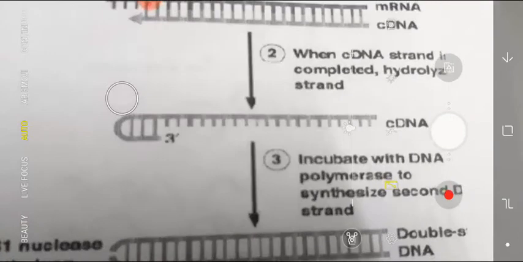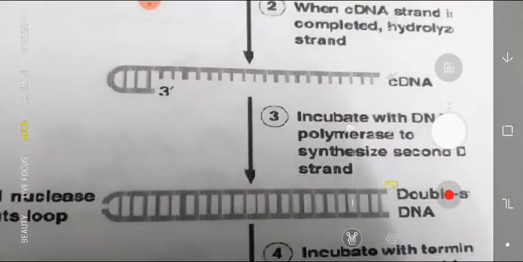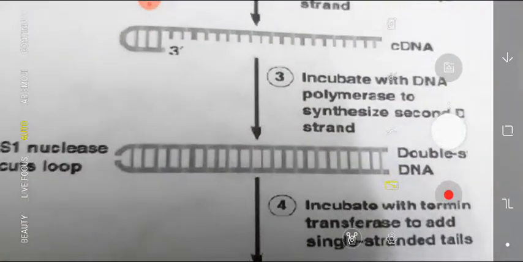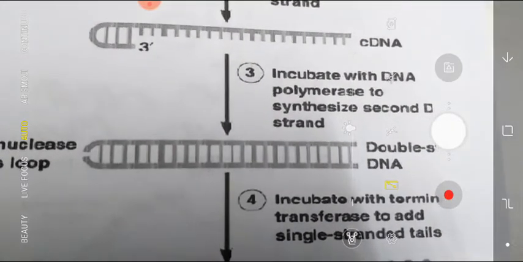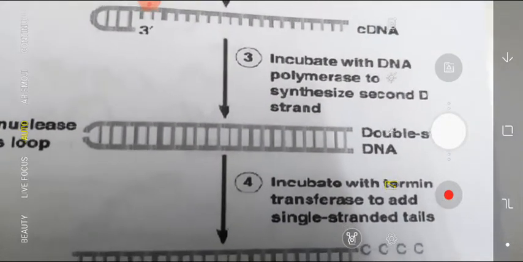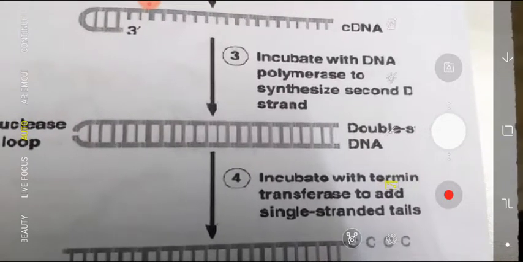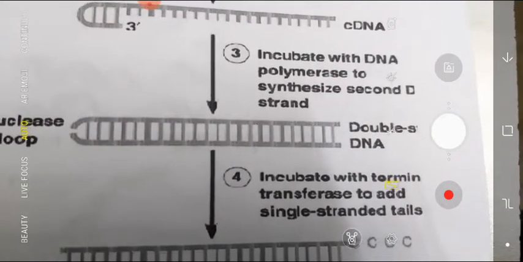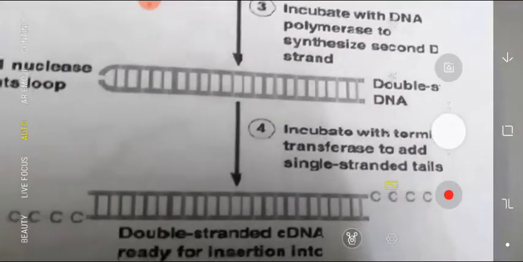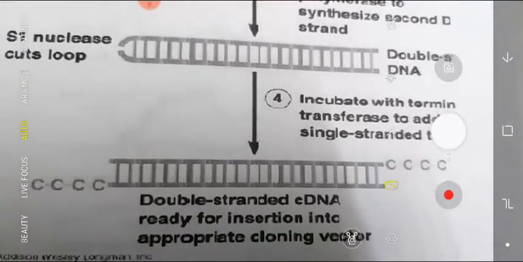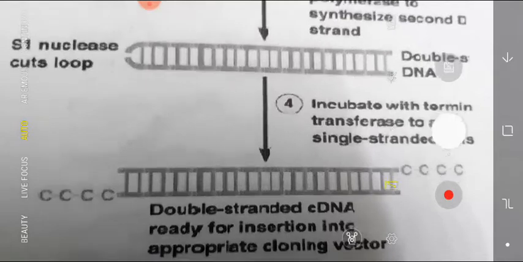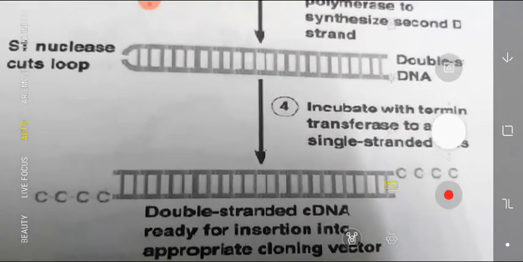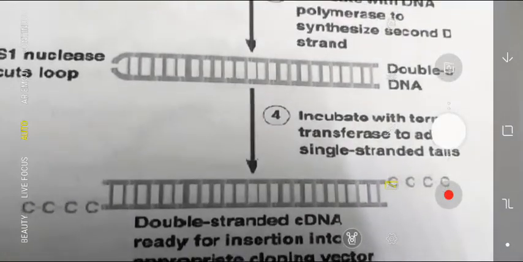So in the last stage you can prepare the double stranded DNA, and it can be incubated with terminal transferase to add single stranded tails. Here is the double stranded cDNA which has only exons, that means the coding regions of an organism.